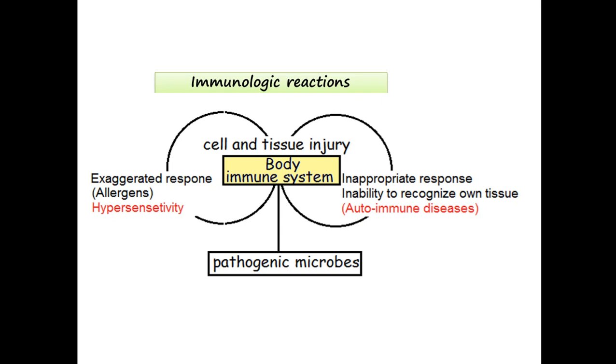There is a large number of autoimmune diseases, for example, rheumatoid arthritis, rheumatic fever, pernicious anemia, systemic lupus erythematosus, and so many diseases where the basic mechanism is that there is no problem from the outside, but our own immune system starts to develop immune and inflammatory reactions against the body's own tissues, and these are known as autoimmune diseases.